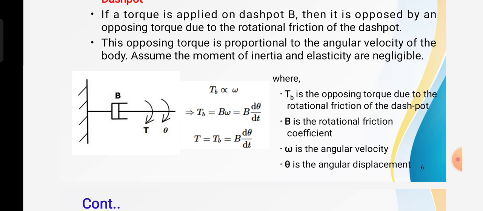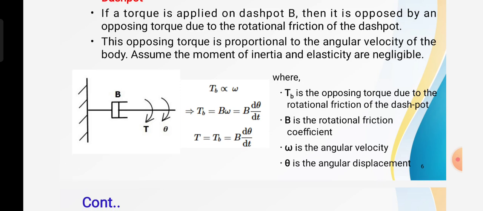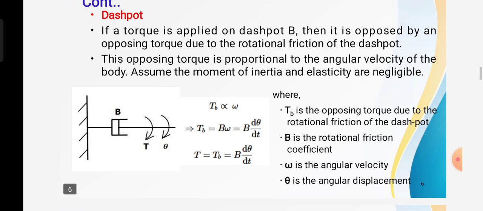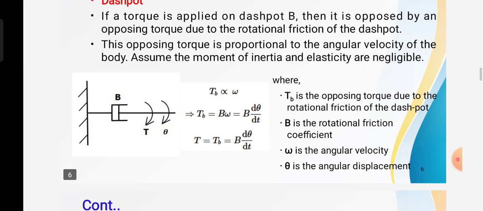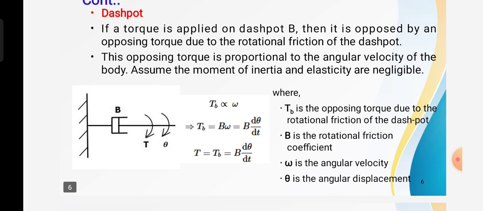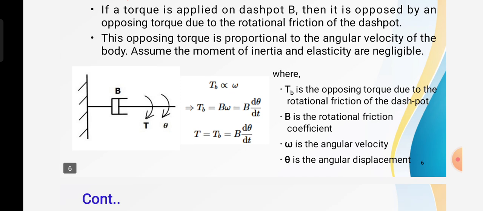By Newton's law, the sum of applied torque is equal to the sum of opposing torque. Therefore T is equal to Tb, which is equal to B d theta by dt. This is the ideal rotational dashpot with negligible moment of inertia and elasticity.